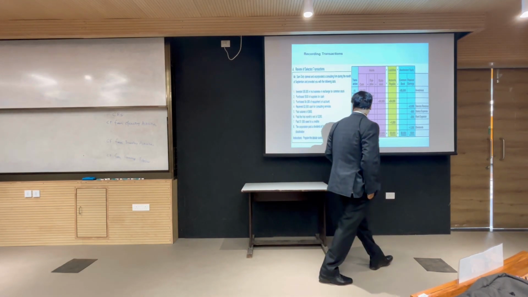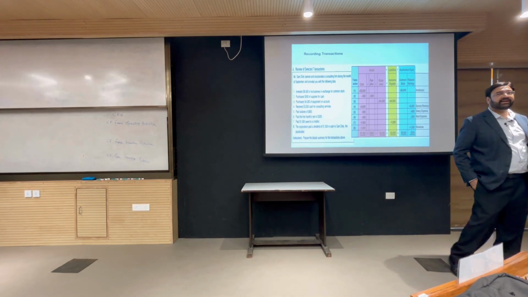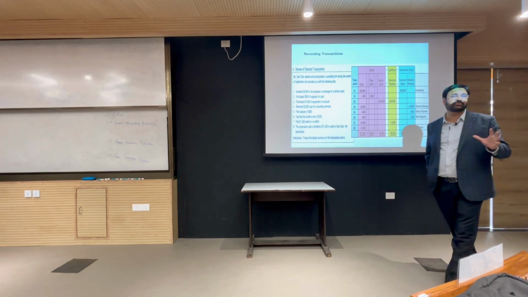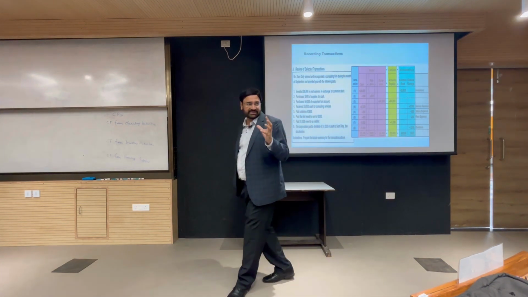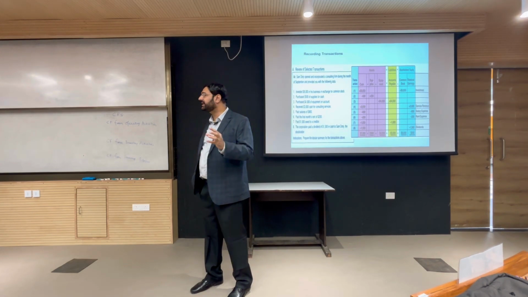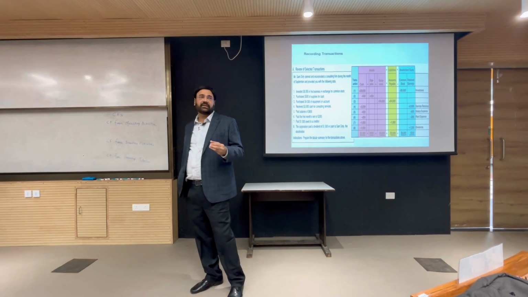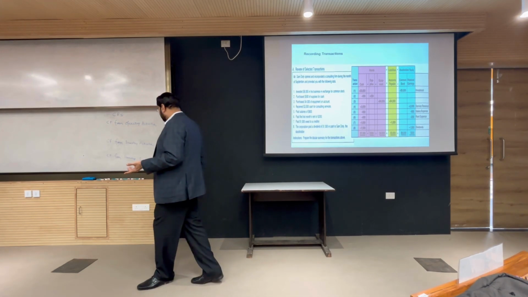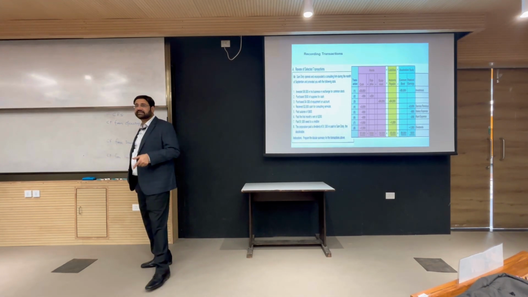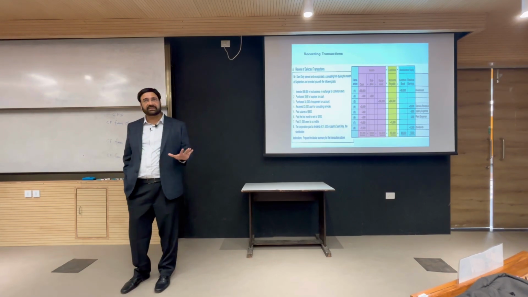Second is the purchase of 500 supplies for cash. I have already clarified that supplies here are to be seen as an asset, not as an expense. When we invest in assets, is that an operating, financing, or investing activity? It is an investing activity.